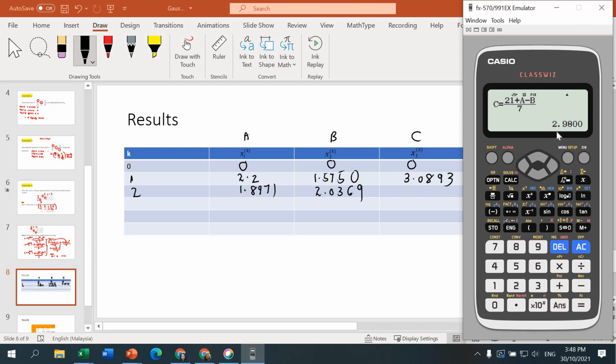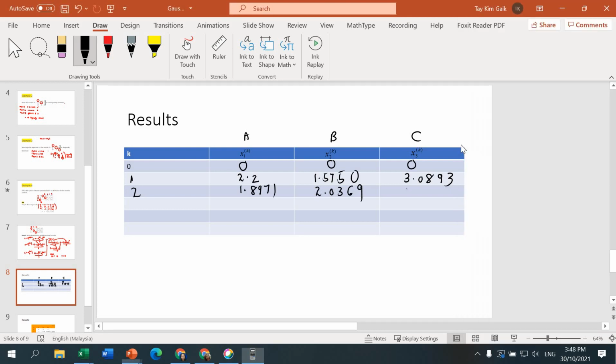Equal. Get C, 2.9800. Okay, iteration 2 compared with iteration 1, still greater than epsilon. Normally when you reach the solution, they only differ at the last digit, which is less than 5 unit there. So you proceed to iteration 3.